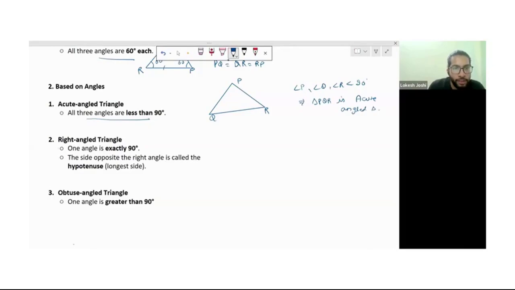Now the right angle triangle. It's written there, one angle is exactly equal to 90 degrees. So if we draw any triangle such that any one angle is equal to 90, then we can directly say it's a right angle triangle. Suppose it's ABC, then triangle ABC is a right angle triangle.